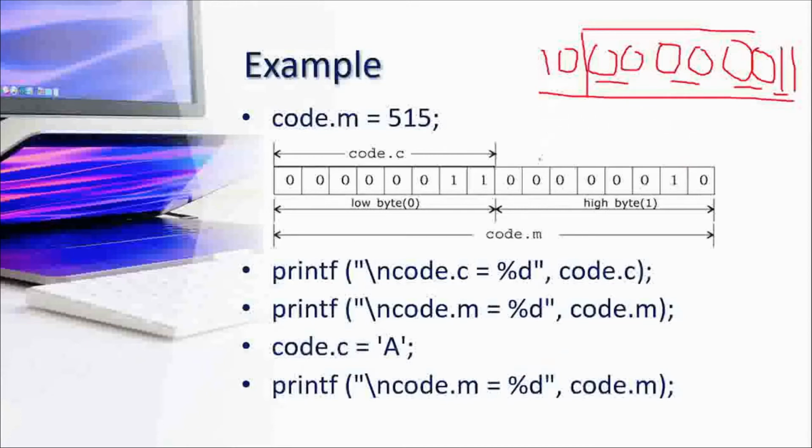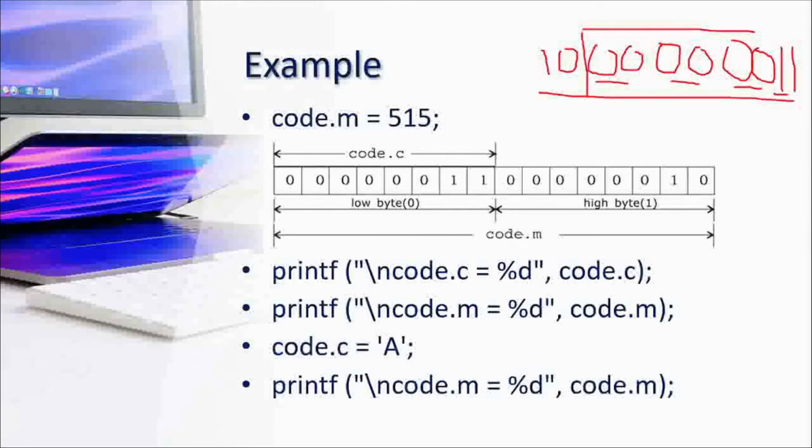In the high byte, since it is only 1 0, all the 6 zeros will be inserted in front, so 0 0 0 0 0 0 1 0. This is how a value of 515 is stored inside the memory location.